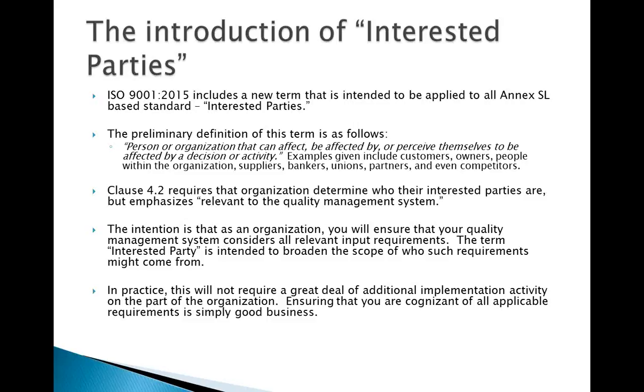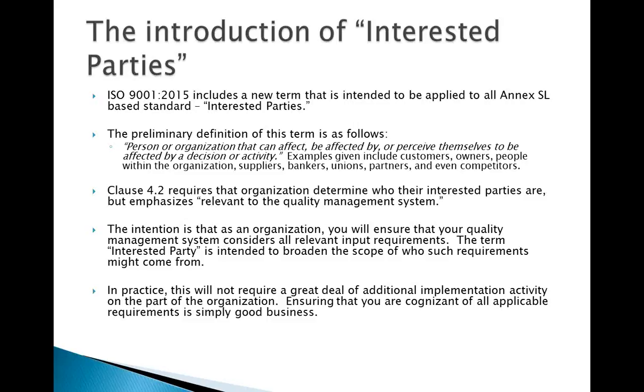Now, if you take a strict reading on 4.2, there's a key word that's used there. And it states that the organization has to determine who their relevant interested parties are. And that word relevant is extremely important. It's up to the organization to ascertain relevancy as it pertains to interested parties.